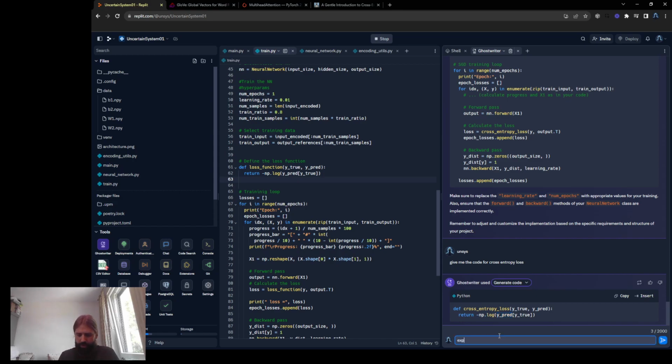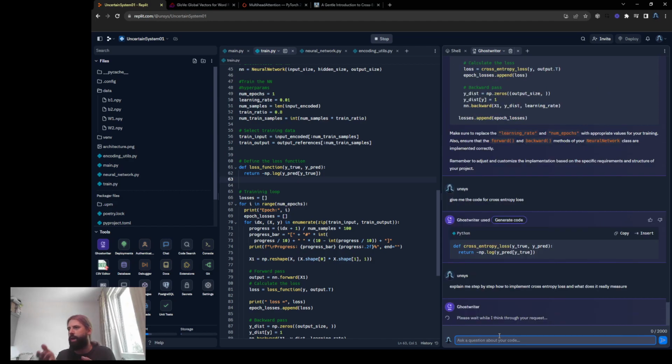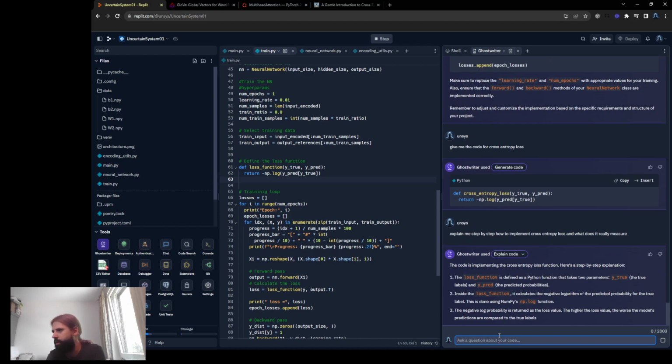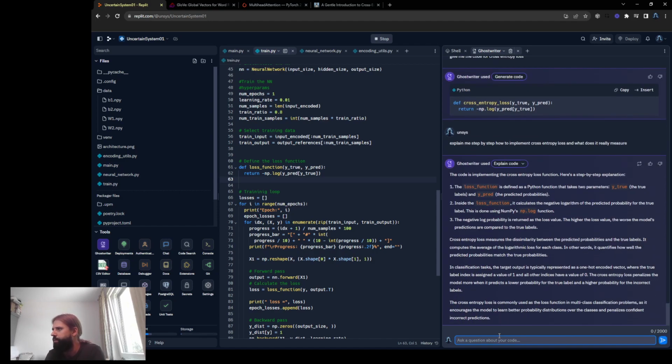So explain to me how to implement it. I have these probability distributions, I guess. The true labels.